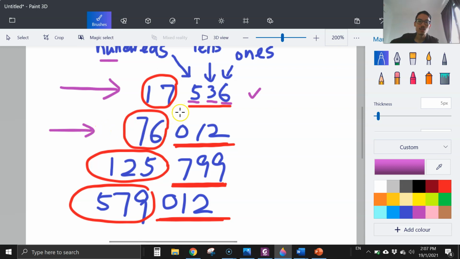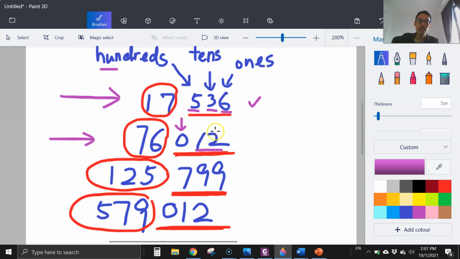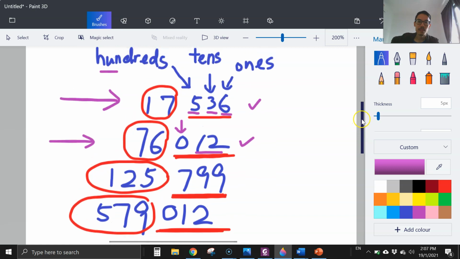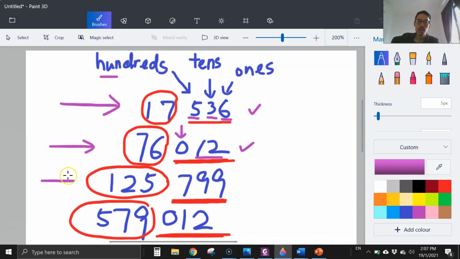Second number, 76,000. Do we have hundreds here? No, we don't. So we only read this one as 12. So 76,012. 76,000 dan 12. Next, 125,799.